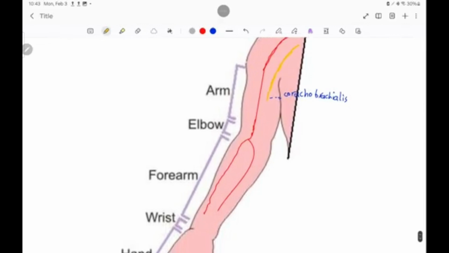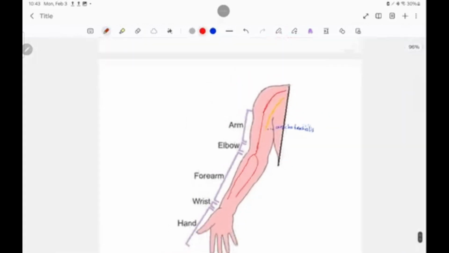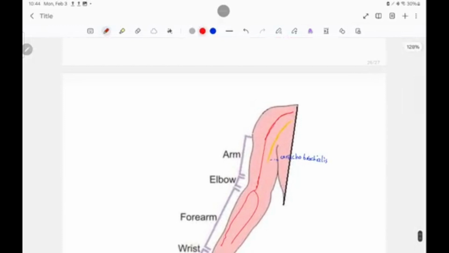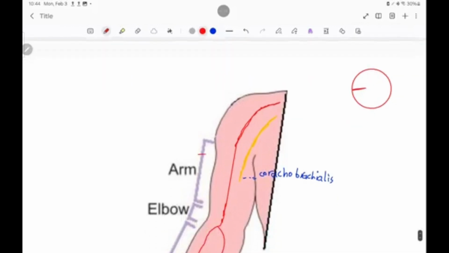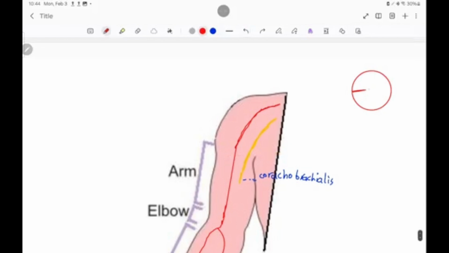Okay, so what is the medial intermuscular septum? I'll just draw it. Here's the arm. This is a sagittal section, like if I cut it like this. Okay, this is anterior and this is posterior.